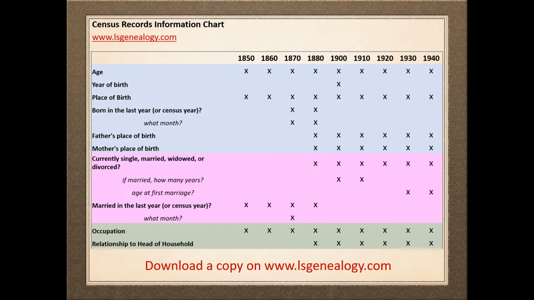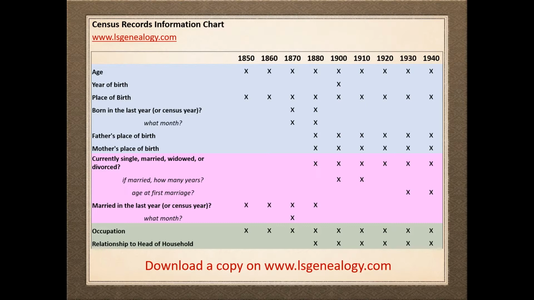The other interesting thing to note, just while we're on specifics here, is the 1900 census record. You notice that there is a year of birth. The specific year of birth of each individual is listed. Notice the age is also there. Well, there's a difference with age and year of birth. With year of birth, we have an exact year that we can put down on our lineage society application. But age just gives us an approximate year.